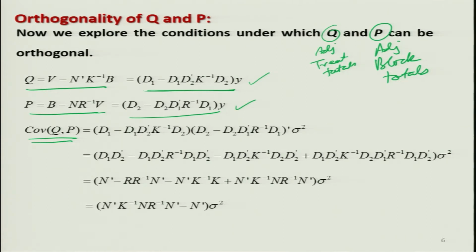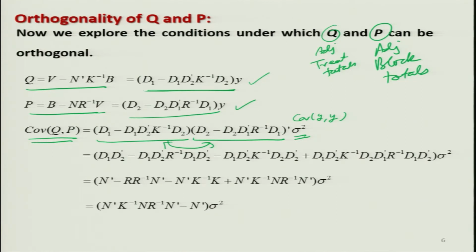So, now the covariance between Q and P is going to be this matrix into the second matrix transpose into the covariance between y and y. So, covariance between y and y is the variance of y, which is sigma square I. Now, after this you simply have to simplify these two matrices, multiply them, and use the relationships that we illustrated in the last lecture.